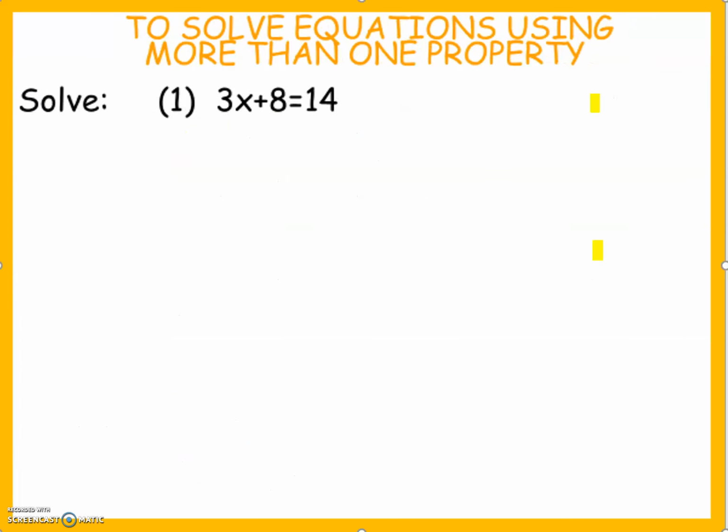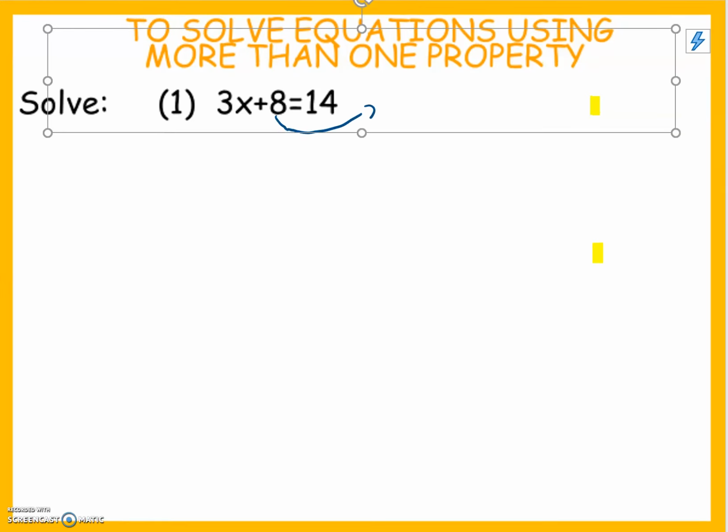Let's see how we can solve equations using more than one property. My example is 3x plus 8 is equal to 14. What do I do first? I move 8 from the left side to the right side of my equation.